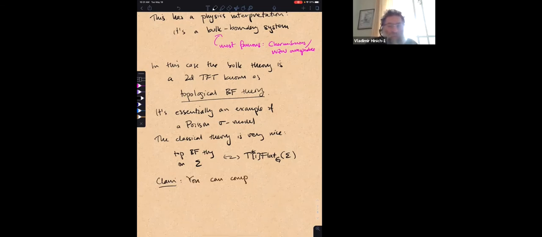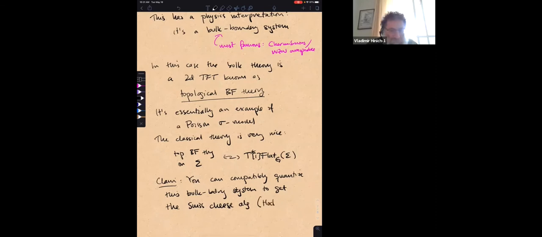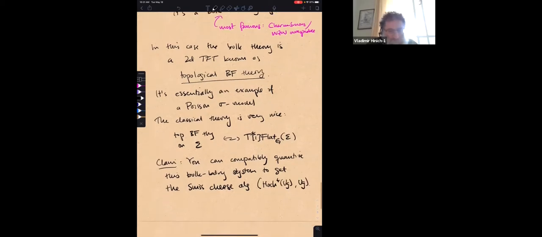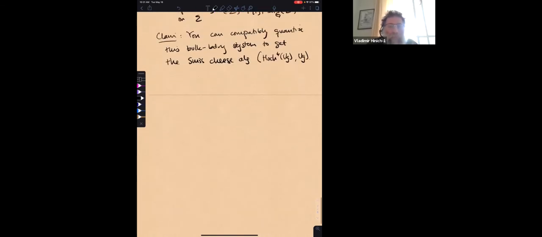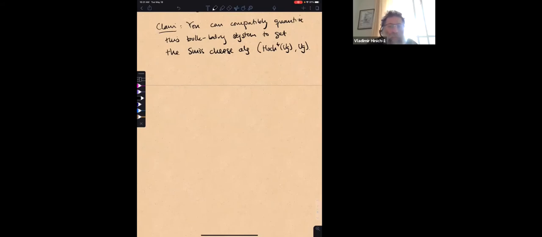You can compatibly quantize this bulk boundary system to get the Swiss cheese algebra. So topological BF theory admits, with this special choice of boundary theories, a nice deformation quantization, if you want, that recovers the Swiss cheese thing.